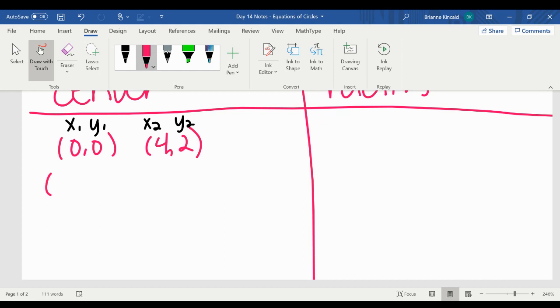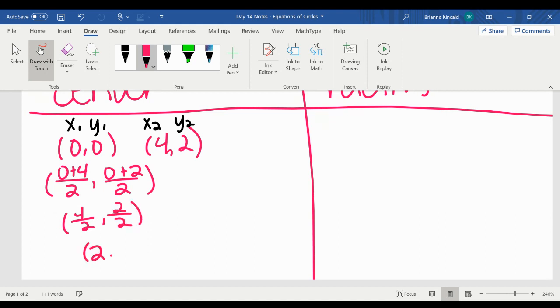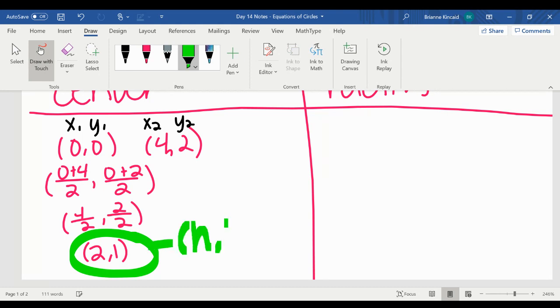So x1 plus x2 over 2, that's 0 plus 4 over 2, comma 0 plus 2 over 2. This is 4 divided by 2, comma 2 divided by 2, or this is (2, 1). What you have just found here is your center, (h, k).